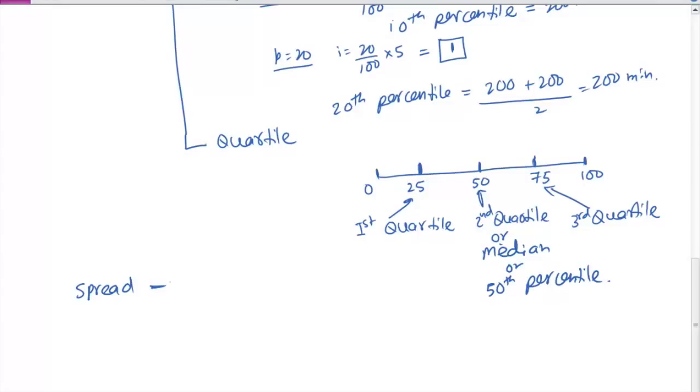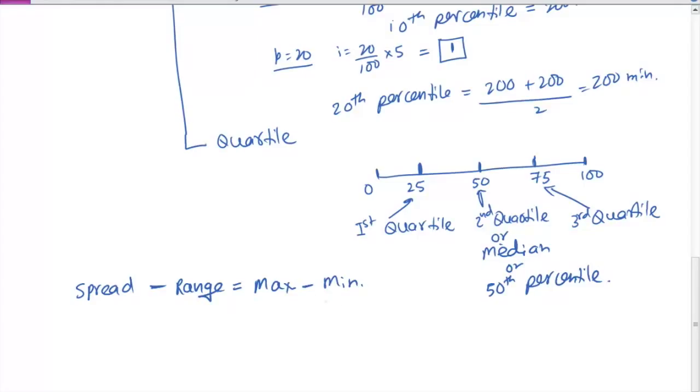It only tells you where the center of gravity of the data is, but it does not tell you how much variability exists in the data. So for that we need numerical measures of spread. One of the most commonly used measures of spread is range, which is maximum minus minimum. You find the maximum, find the minimum, and that's the range.